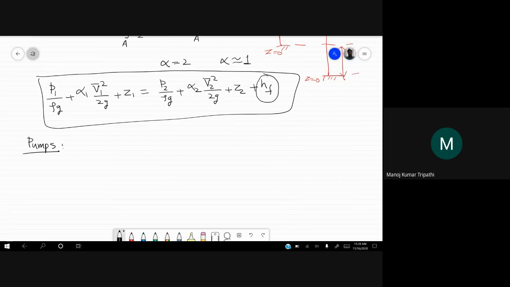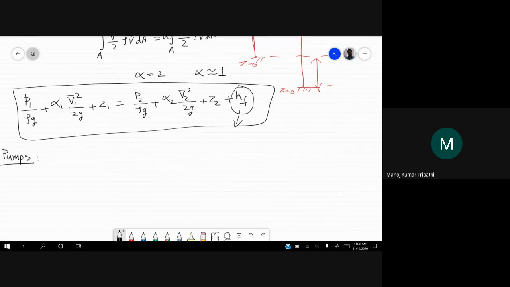So some energy is lost because of the pipe frictional losses. And if you want to add some energy here because of the pump, you have to write minus H pump, where H pump is a positive quantity, or in other words, you are adding H pump to the left hand side.